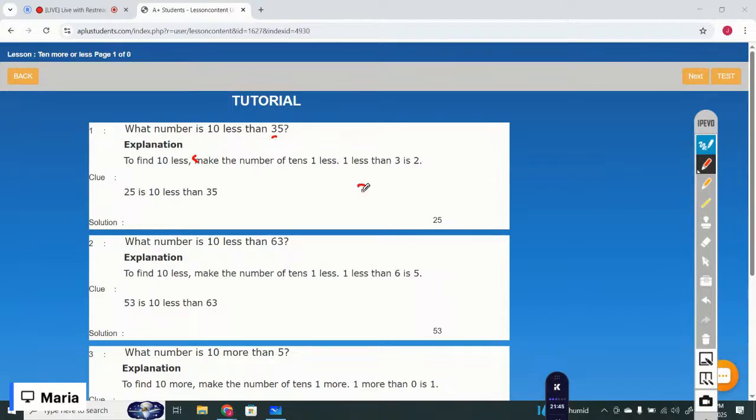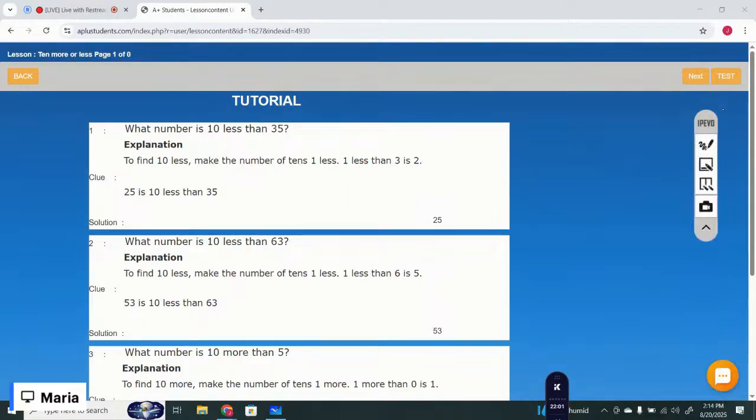The tens digit is 3, like 35, and 5 is the digit at the ones position. So 3 minus 1 is 2. So that would be 25. Let's just start with the test questions.